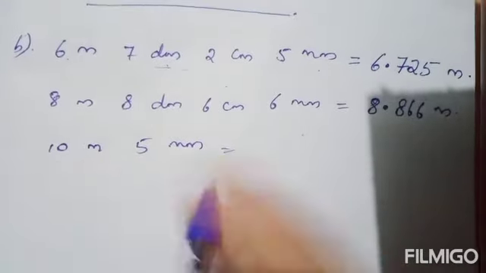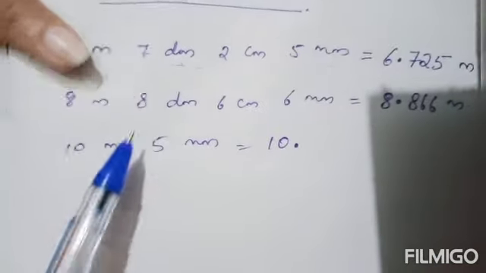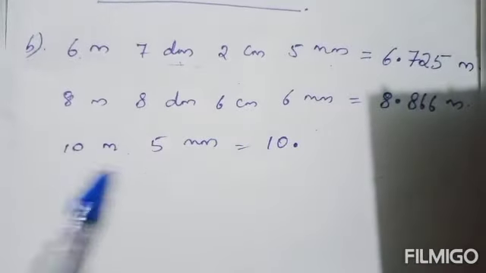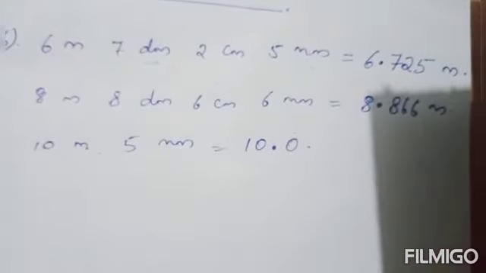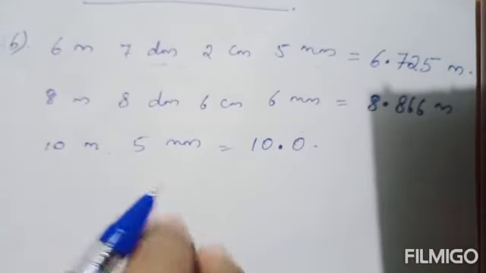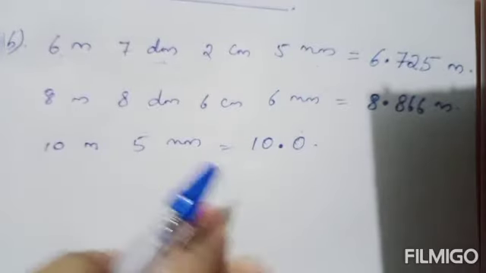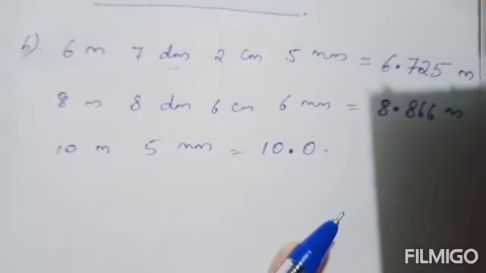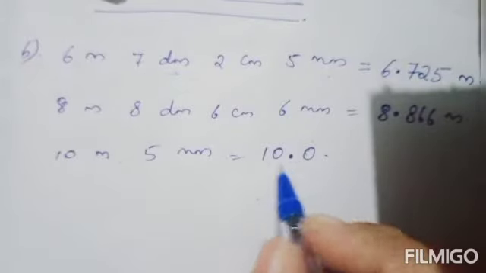Okay. Then 10 meter, 5 millimeter. So meter will come before the decimal point. So 10 point. Now here decimeter is not given, so the 10th place digit will be 0. Next it is centimeter.